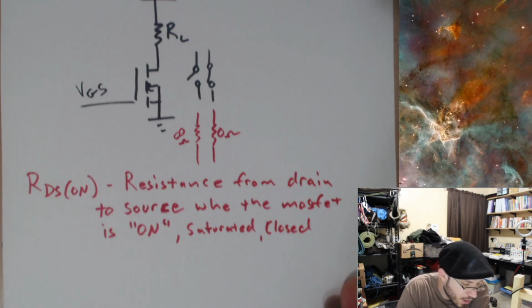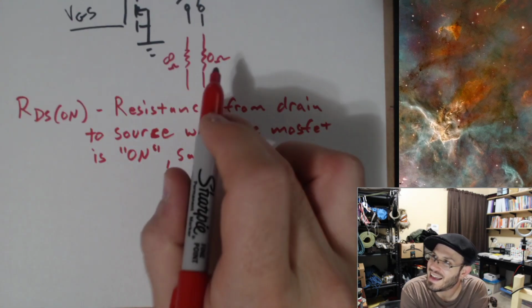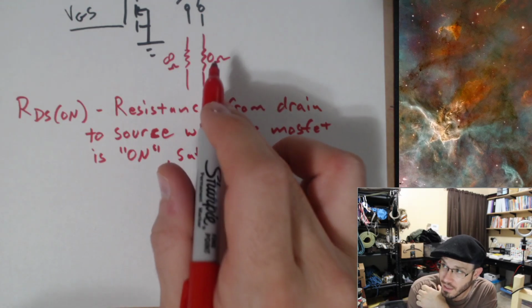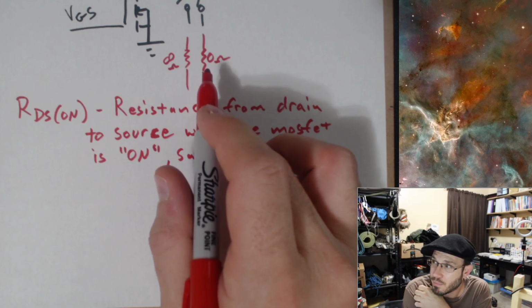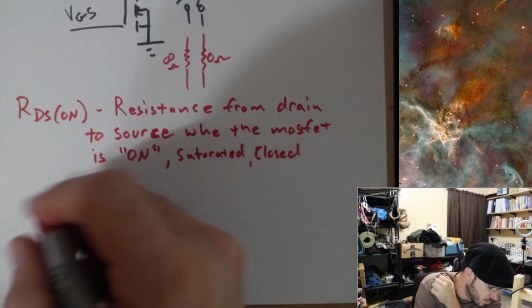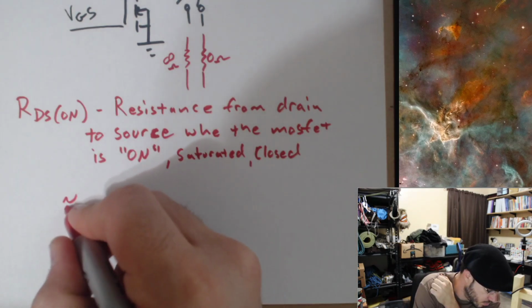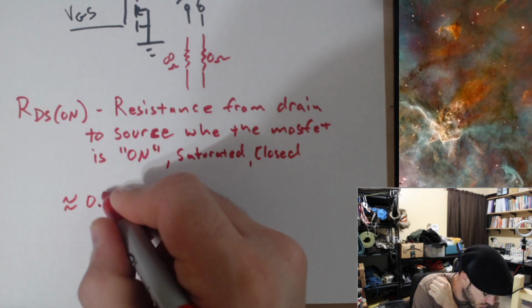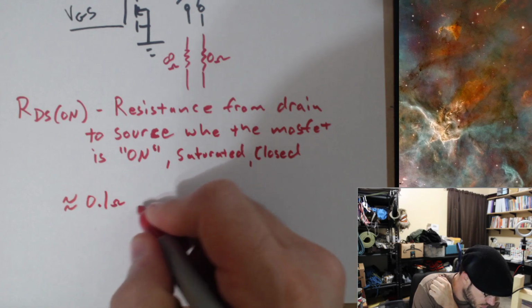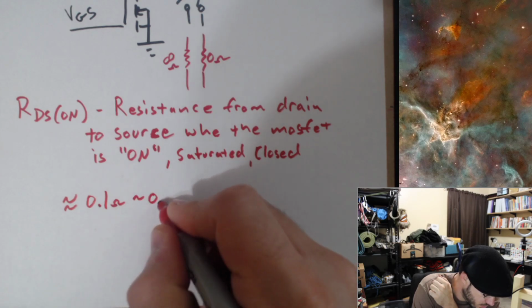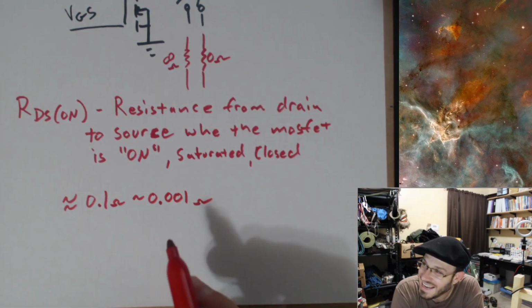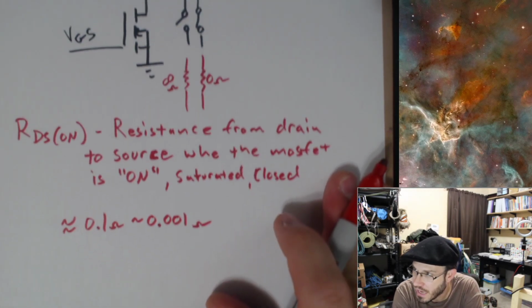Okay, now I can go ahead and tell you right now, it's not exactly 0 ohms, but it's damn close to it. We're talking 0.1 ohms, depending on how good of a MOSFET that you get.